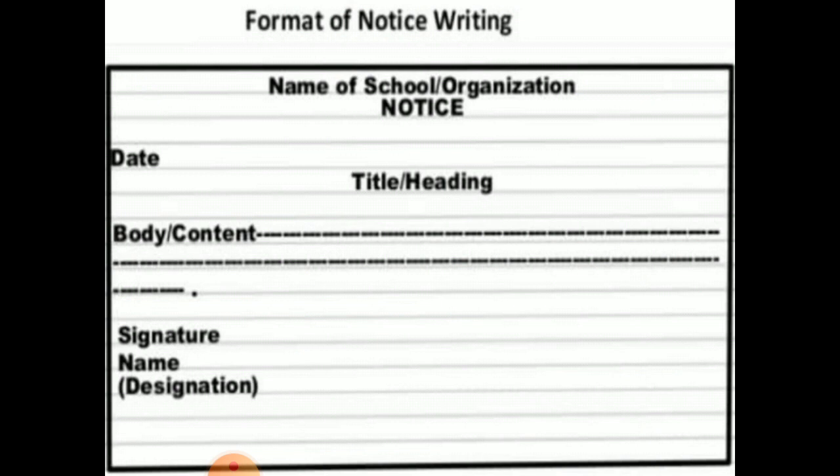Then content or body of the notice, and after writing content, then the writer's signature, then his or her name in capitals, and if required, or if the designation is mentioned in question, then the designation should be mentioned at the last. So this is a format of notice writing.